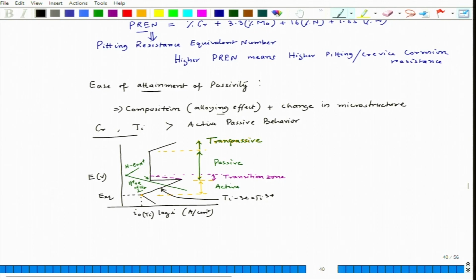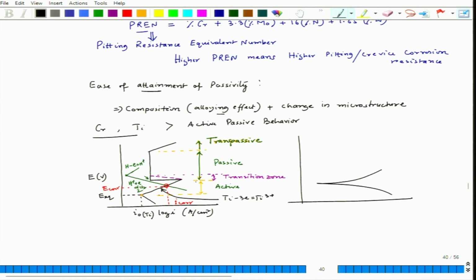So we have this point, which corresponds to I corr and this corresponds to E corr. Okay. And the plot will be like this if we do polarization.